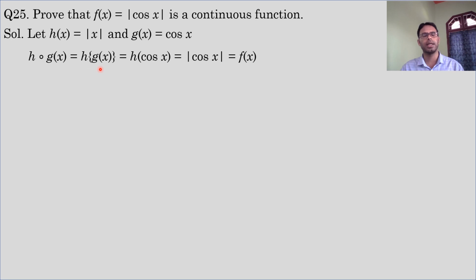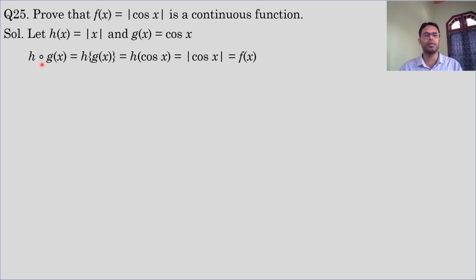It will be discussed in detail in the chapter Function. You may also go through my channel. There is a video for composition of functions, and if you see that video, it will be clear how to take the composition of functions.